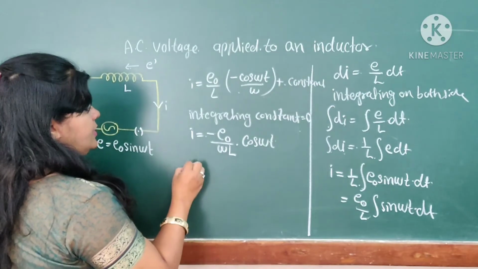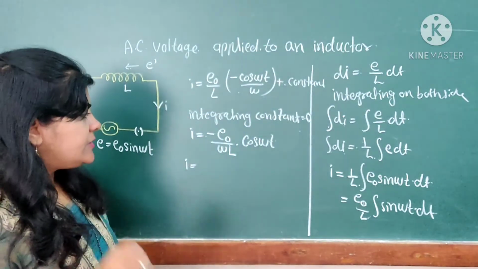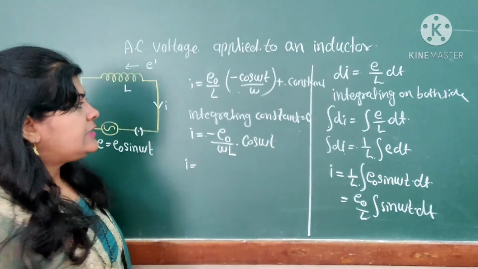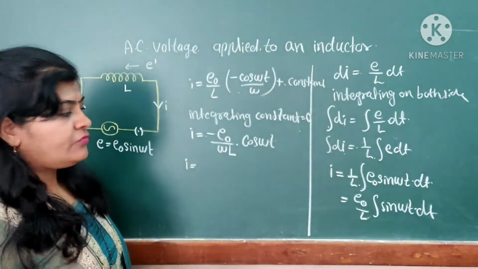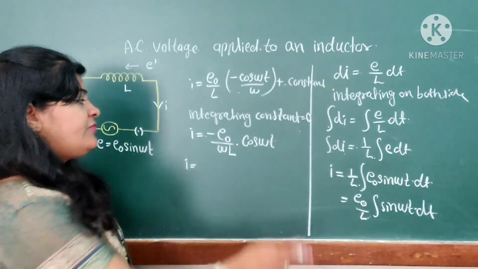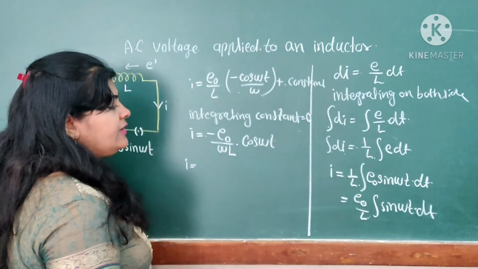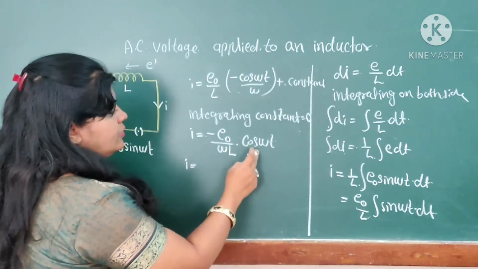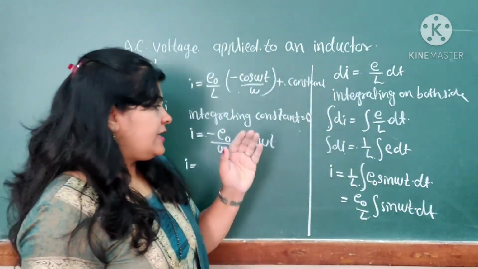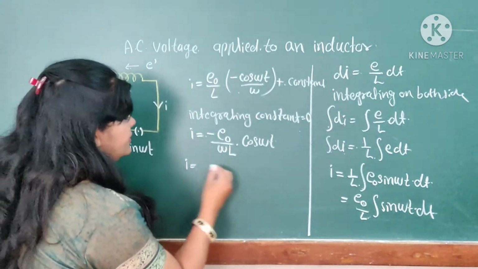Now we convert the cos function into the sine function. The relation is that the difference is π by 2, so π by 2 minus that angle gives the sine function. If we want to convert cos into sine or sine into cos, we use π by 2 minus that angle.